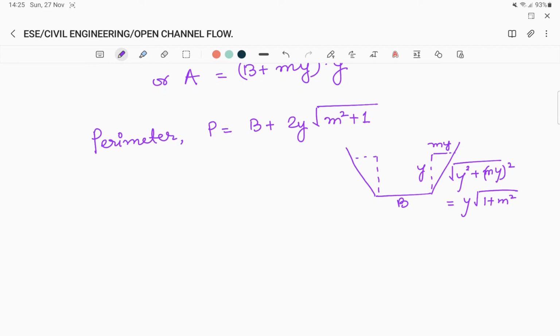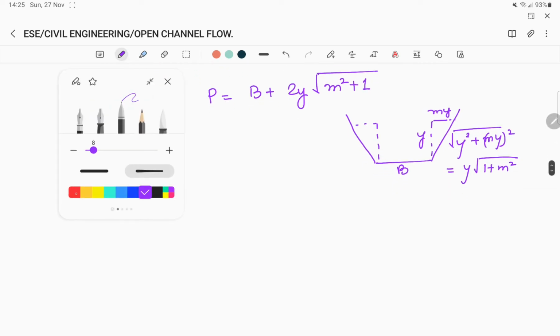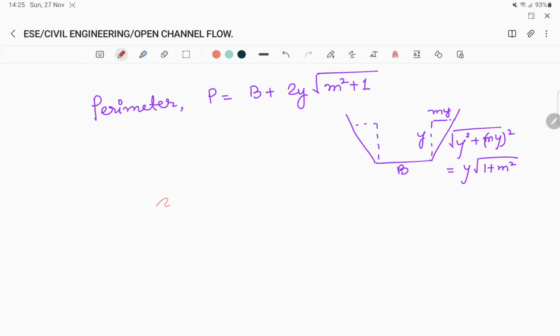Now from the area equation we know A is equal to B plus my into y.